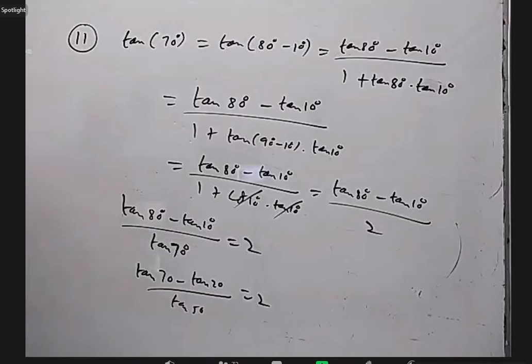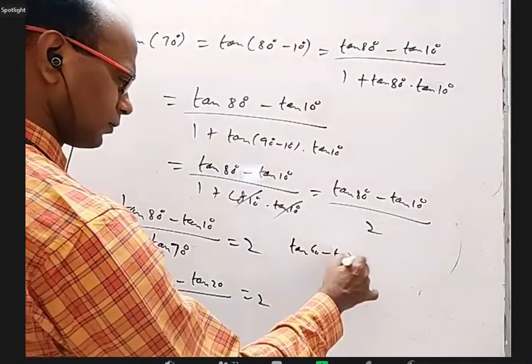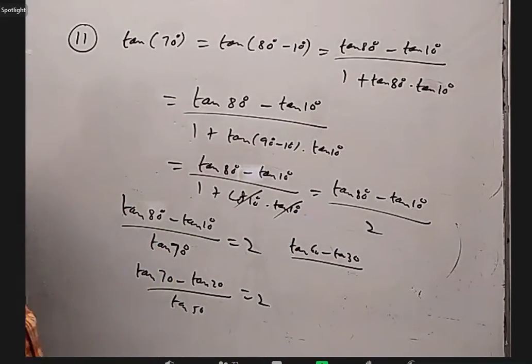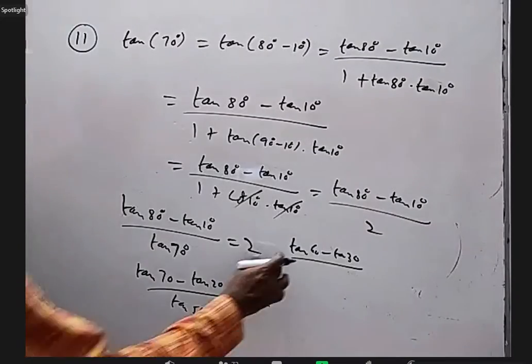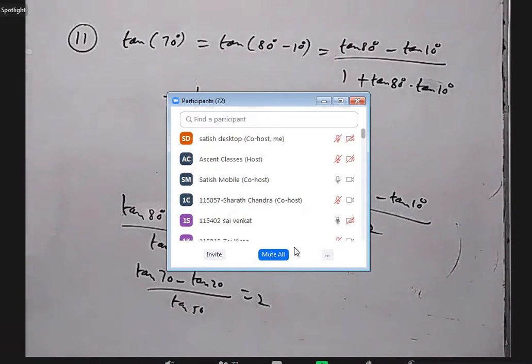Okay, Tatvika, you tell something different. So tan 60 minus tan 30 by tan 30. Tan 60 minus tan 50. Just a minute. Sai Venkat, mute yourself.